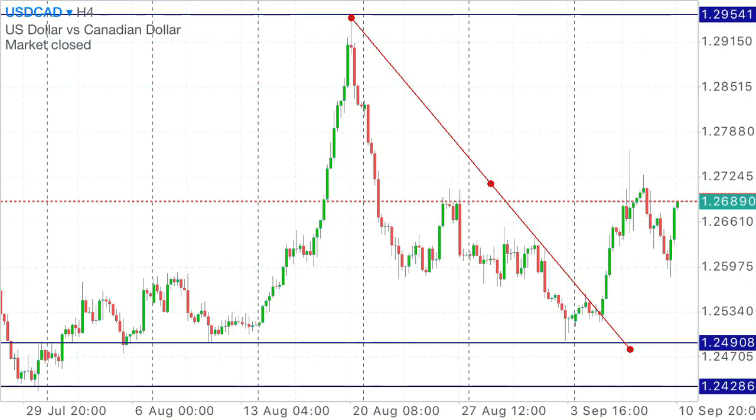We still have this trend line breakout on an H4 time frame, right?